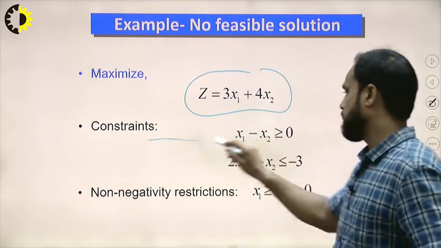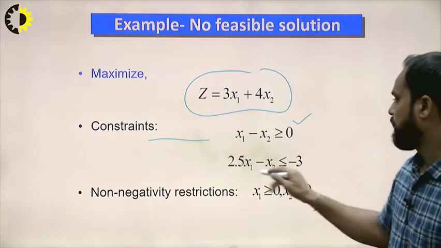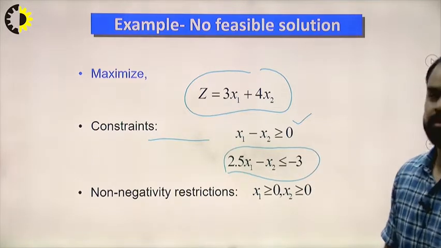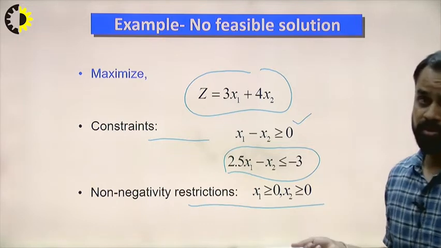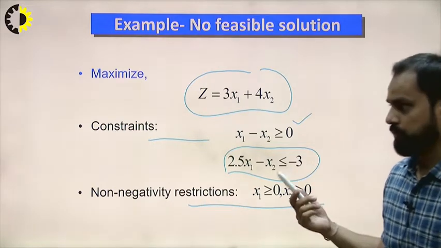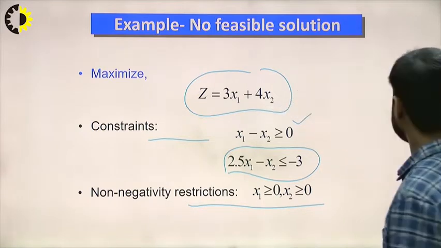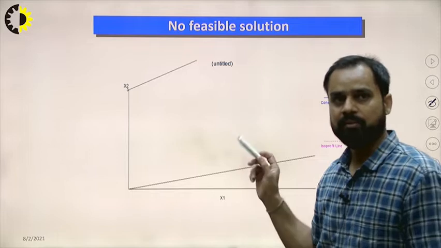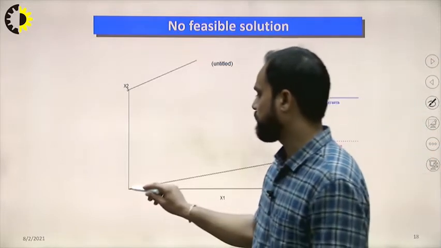The constraint of the problem is given: x1 minus x2 is greater than or equal to 0. The second constraint is 2.5 x1 minus x2 is less than minus 3. And the non-negativity restriction is x1 is greater than 0, x2 is greater than 0, right? If I plot this on the graph, we can find one equation of less than type, another equation of greater than type, right?